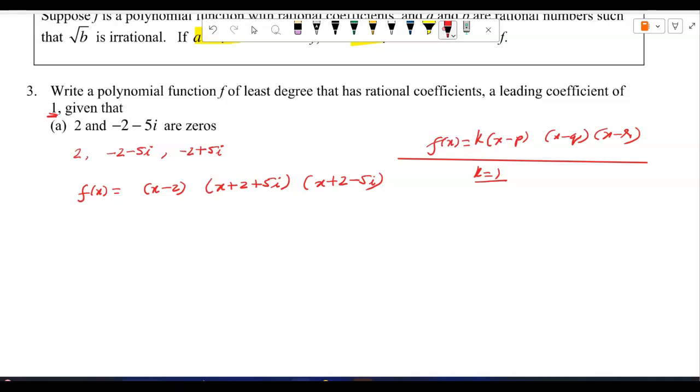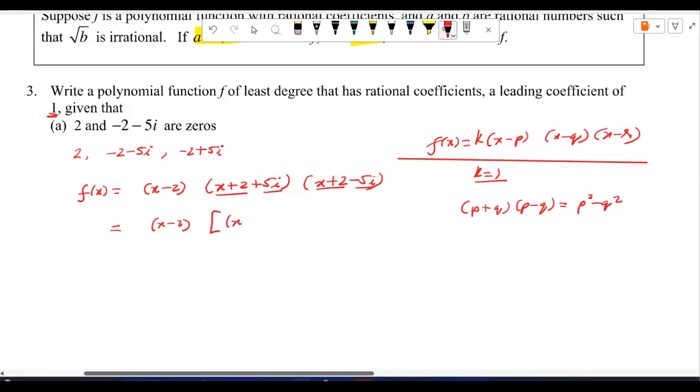You multiply these two. You just multiply it out. How will you multiply? (x minus 2) times the other two. Now you think like this. You remember the formula of (p plus q) into (p minus q)? What is (p plus q)(p minus q)? p squared minus q squared. Very good. So that's what I'm doing.